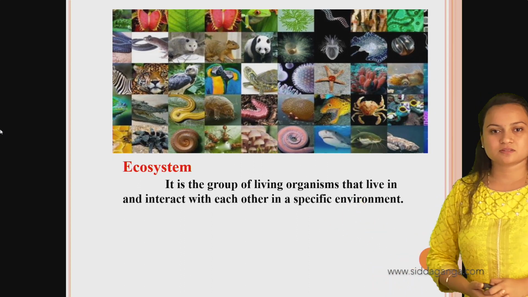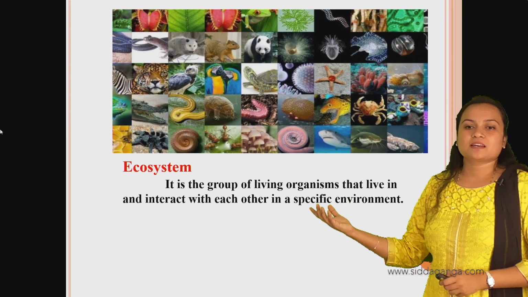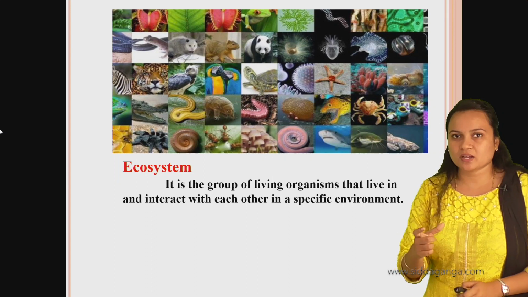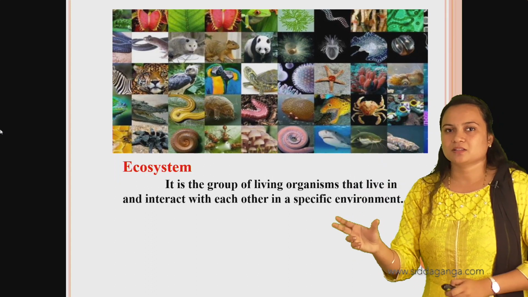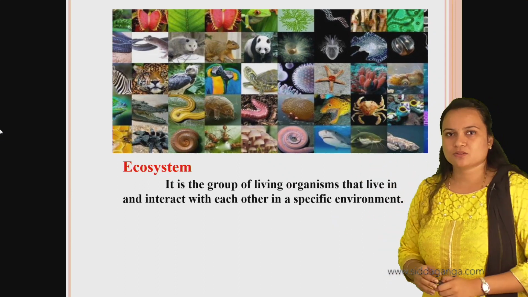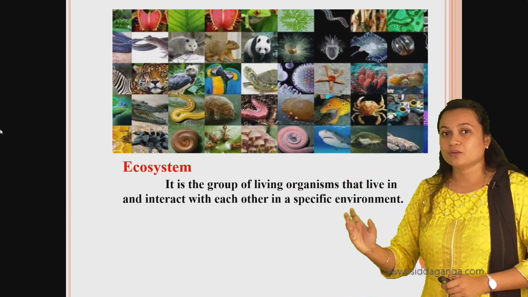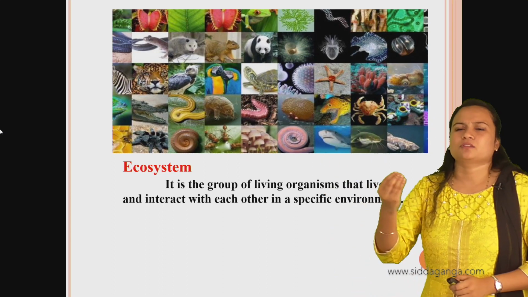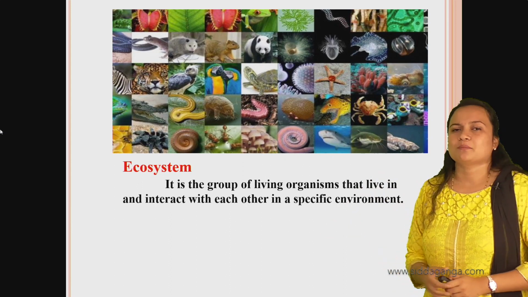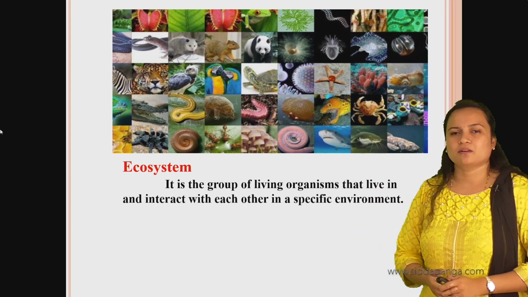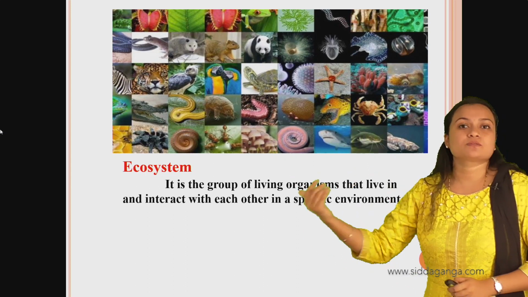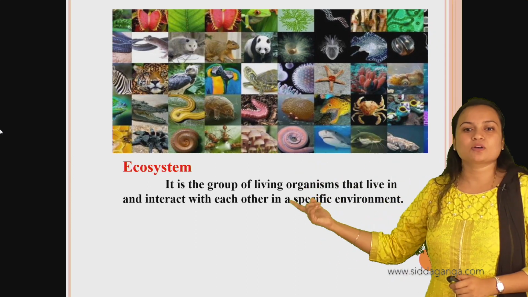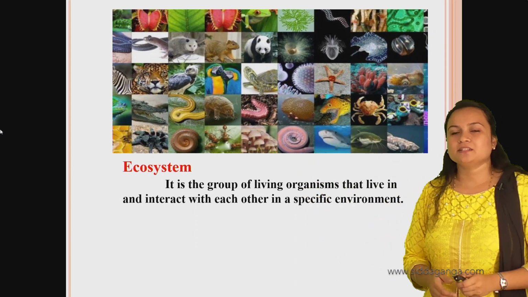In a forest, there are different varieties of organisms which live there, and they interact with one another for the source of food or for some other purpose, within that boundary only. That geographical area is called an ecosystem.